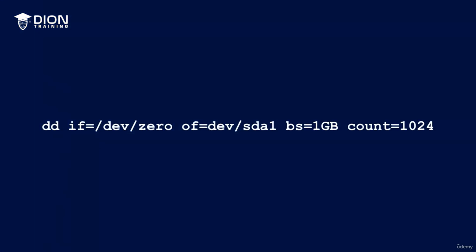You enter dd space if equals /dev/zero space of equals /dev/sda1 space bs equals 1 GB space count equals 1024. And this command will overwrite a 1 terabyte hard disk that is mounted as SDA1 with a series of zeros across the entire drive for the entire 1 terabyte in size using block sizes of 1 gigabyte each.